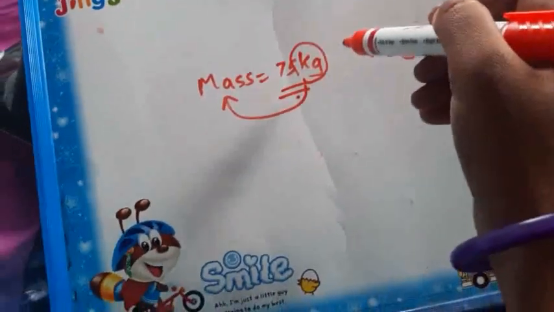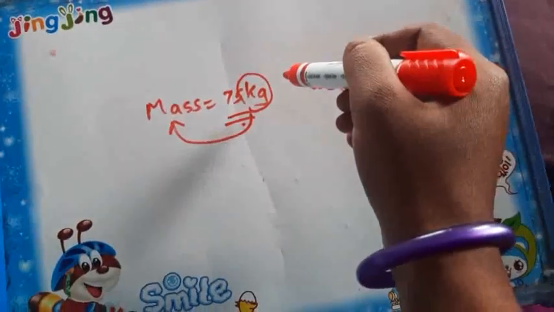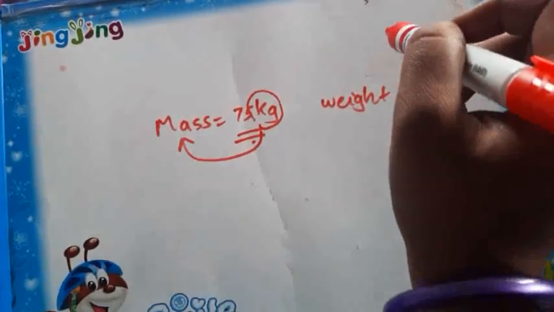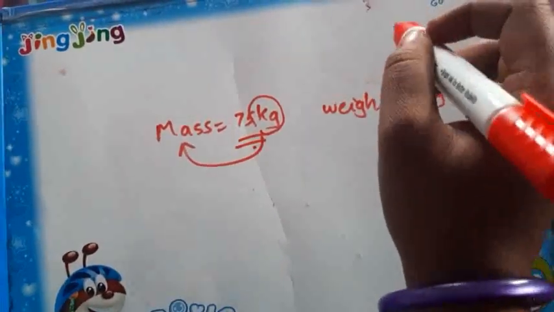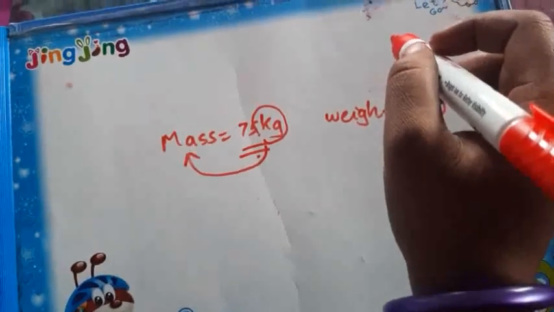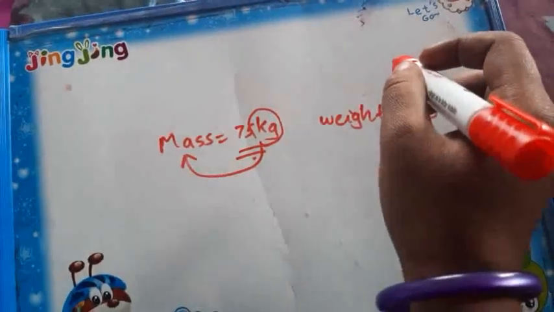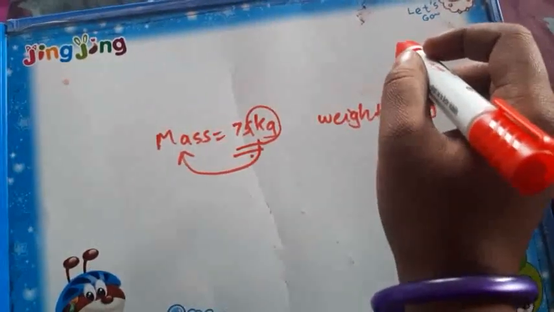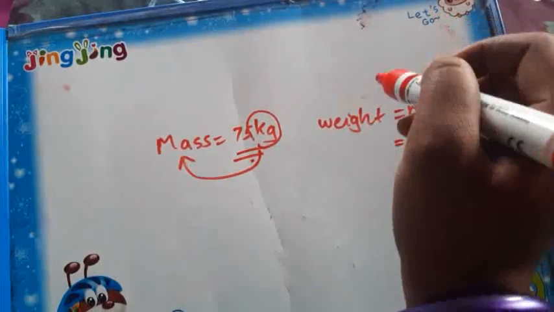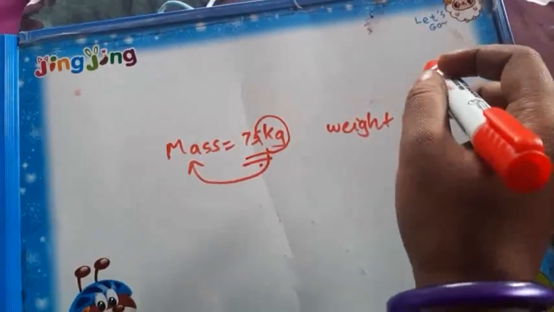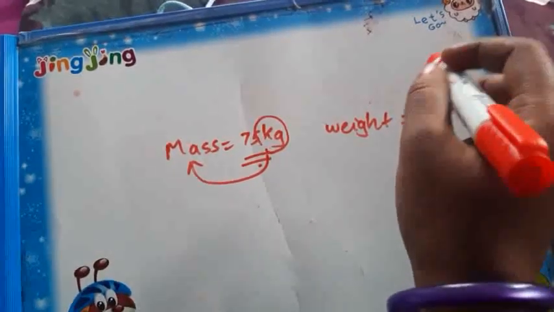In scientific language, when we say that my weight is 75 kg, actually we are talking about our mass. What we mean is that my weight is equal to the gravitational force on 75 kg mass.